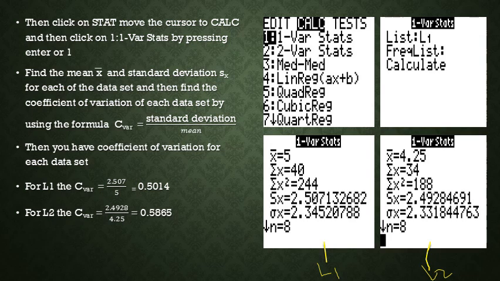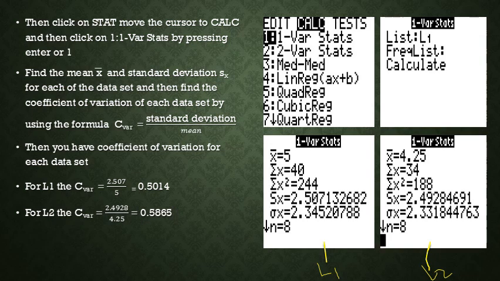For L2, the coefficient of variation will be the standard deviation 2.4928 over 4.25 here, which gives a coefficient of variation of 0.5865.